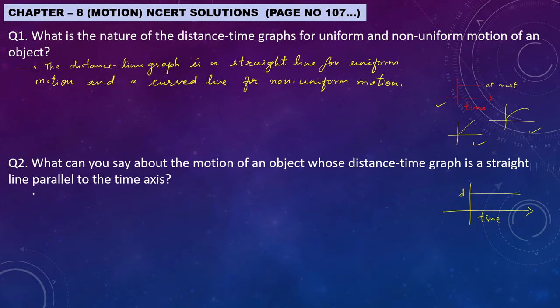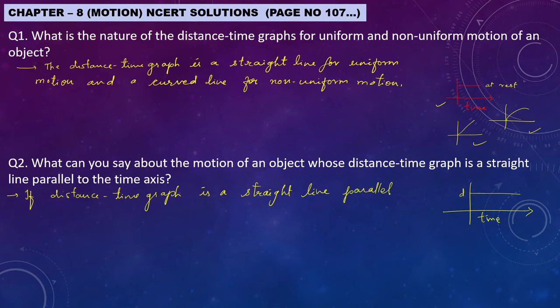So that's why we say, if the distance time graph is a straight line parallel to the time axis, that means the x-axis, it means that the distance of the object remains constant.